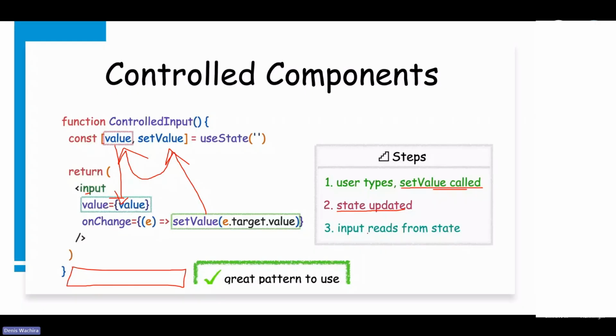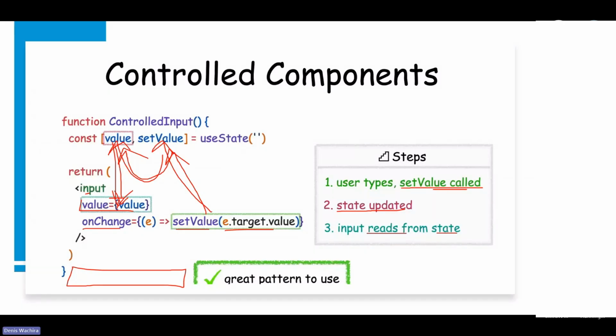The input reads from the state, so this value is being read from whatever we have. You'll have a real-time change whenever you are typing in this form. We are listening to the change, calling that function, giving it the value of whatever you are typing, updating our state, and that state is being displayed in the value of that input directly.